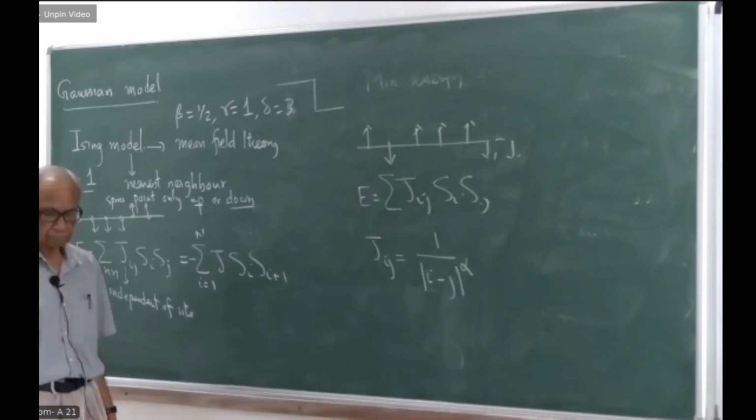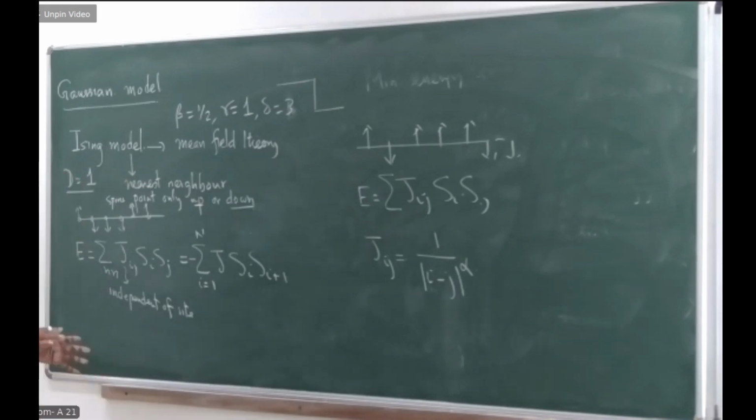So J_ij is a falling off interaction. If the spins are far away, then it is certainly going to tail off to 0. And so alpha is positive.